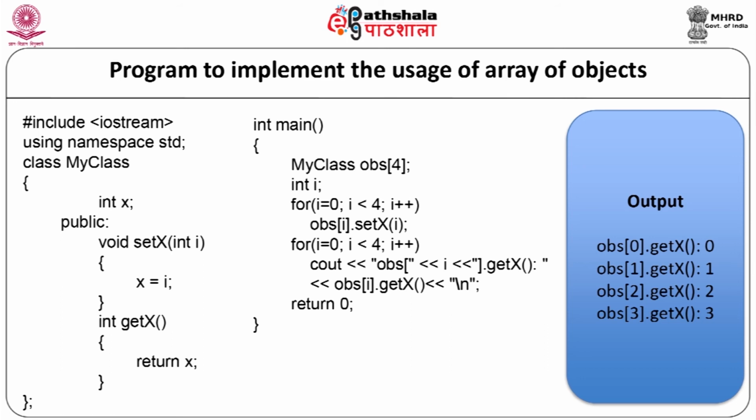For i = 0, i less than 4, i++, cout obj[i].getx, return 0, and the main program will end. When the above program is compiled and executed, it will produce the result as obj[0].getx 0, obj[1].getx 1, obj[2].getx 2, obj[3].getx 3.